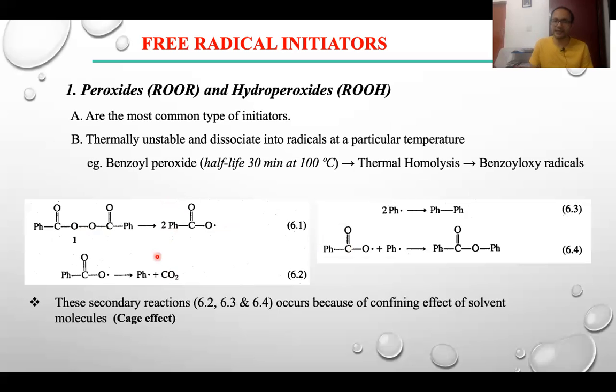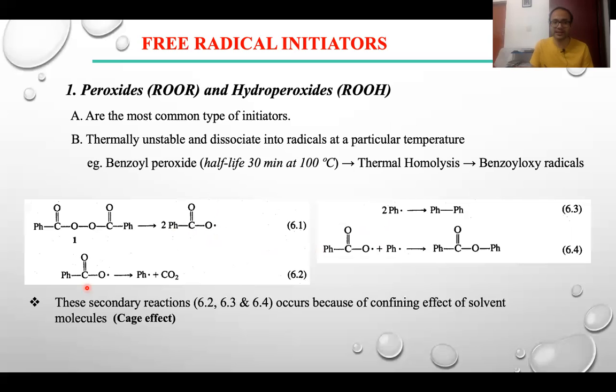Often what happens is that after these radicals are generated in the reaction, they undergo certain side reactions, leading to the consumption of our required radical. That means these are wastage reactions, because they waste the original radical.